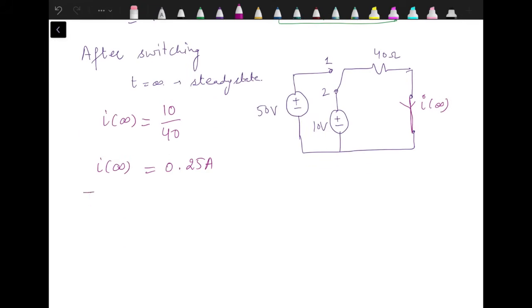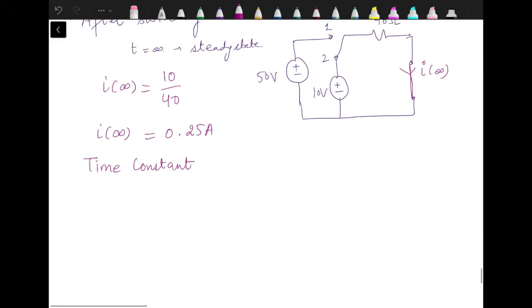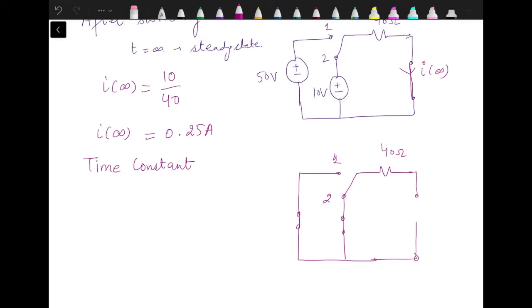Next step is we need to calculate time constant, from after switching conditions. Position 1, position 2, 50 volt source replaced by short circuit, 10 volt source replaced by short circuit, 40 ohm resistance, and these are the inductor terminals.